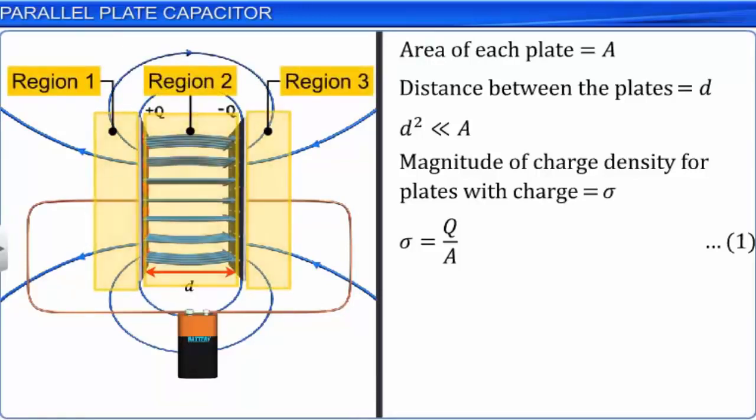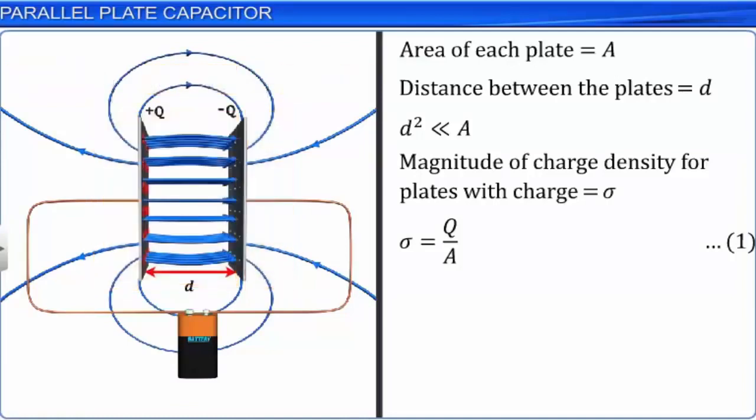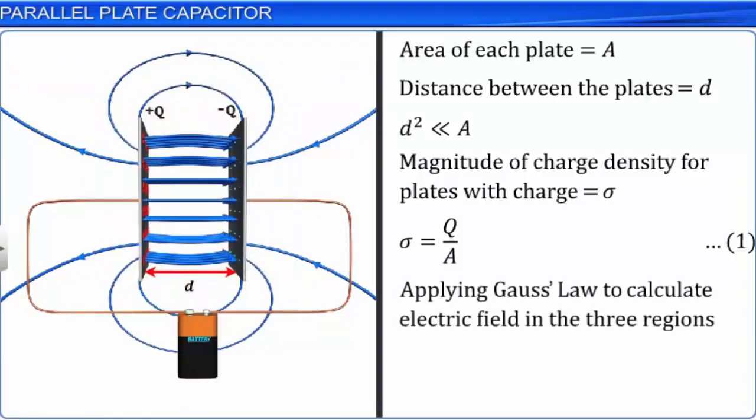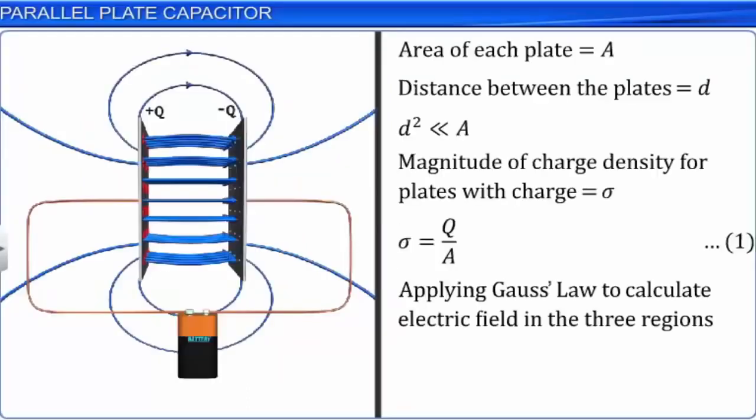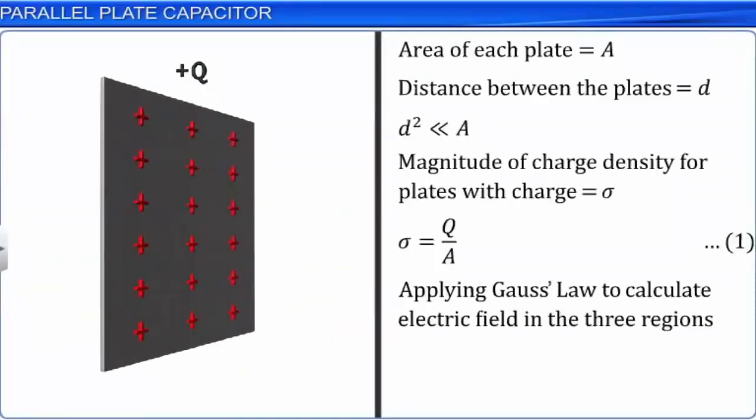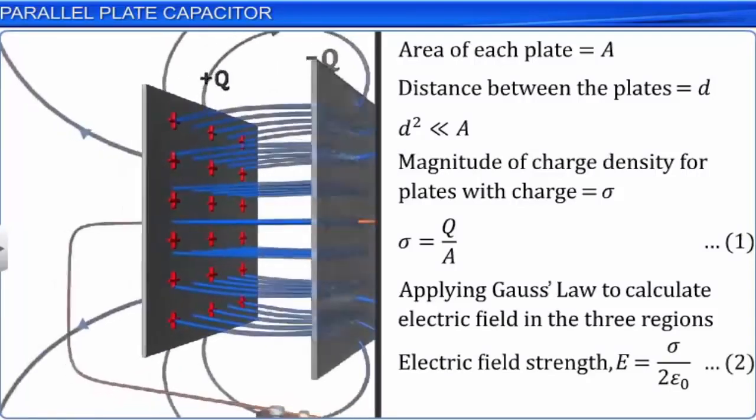We do this by applying Gauss law. We know that for a uniformly charged plane sheet of charge, the electric field strength E at some distance away from it is equal to sigma by 2 epsilon naught. Let this be equation 2.